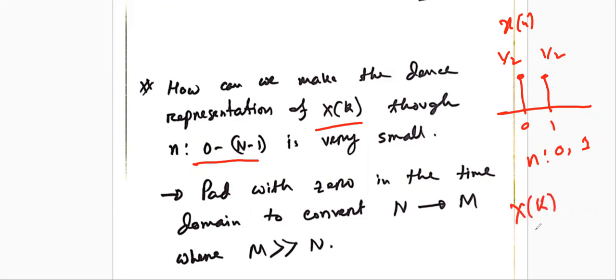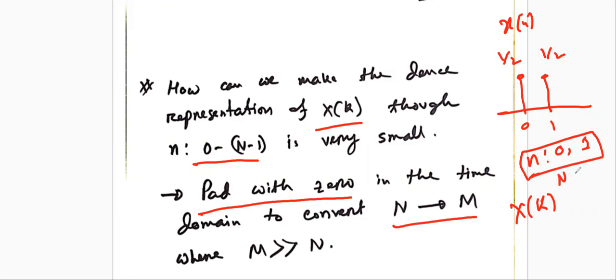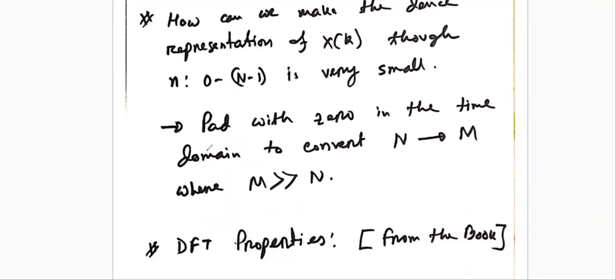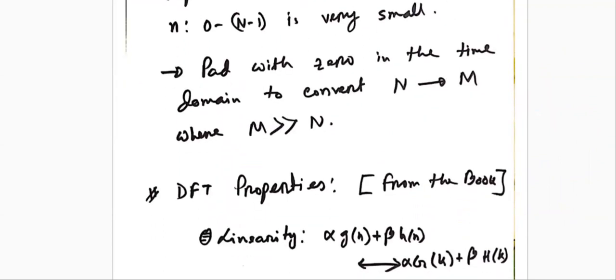We have already mentioned that we can pad with 0 in the time domain to convert the N to M. So capital N was like 0 and 1. Now we can improve it with the value of M, where it might be equal to 20, it can be equal to 30, whatever you need. So padding 0 is the solution to make the X[k] value dense.